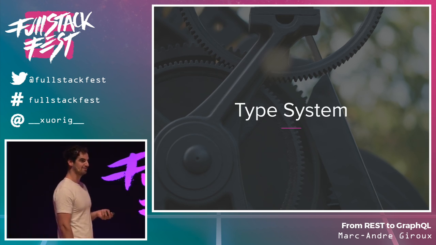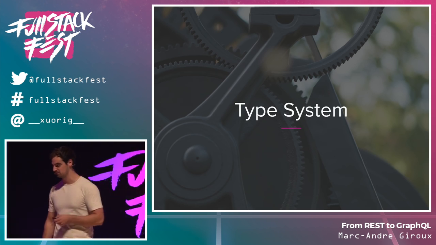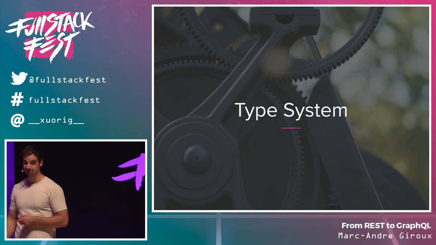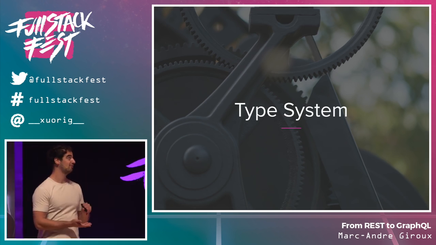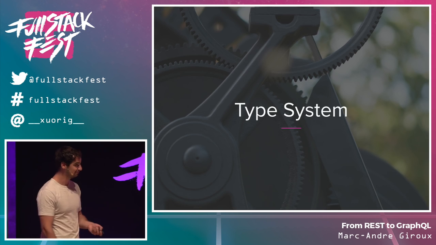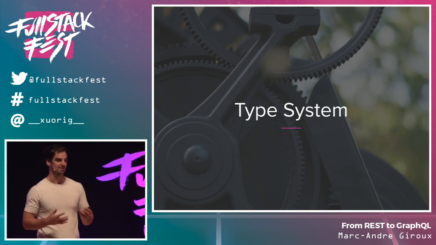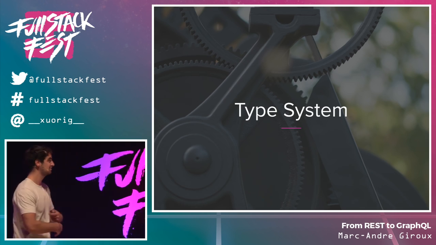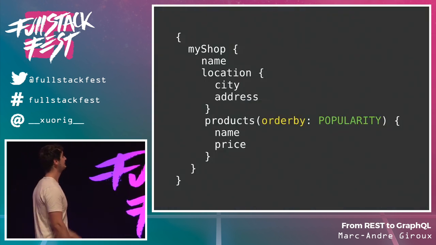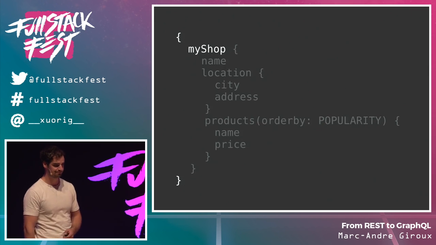All that's possible because at the core of GraphQL is a really powerful type system. At every level of a GraphQL query, there's a type attached to it, and that type exposes all that object's fields, basically. It exposes all the possibilities. So for example, let's take the same query.